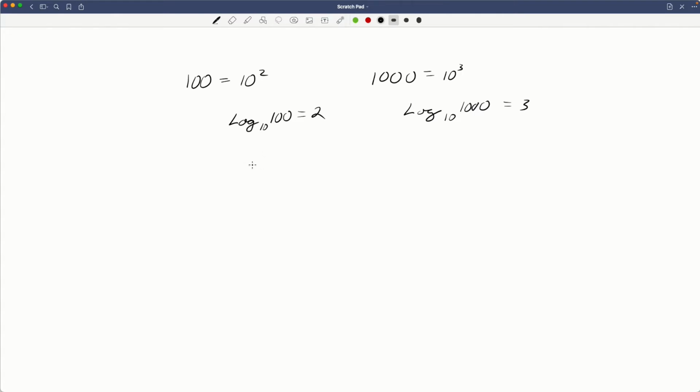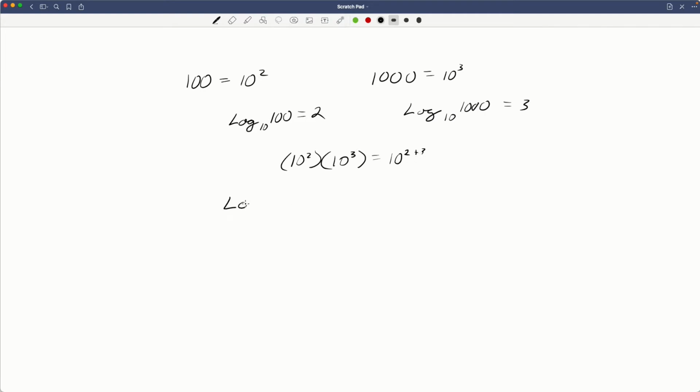Because we know we can do this with our exponents, we have 10 squared times 10 cubed, we can get 10 to the 5th, because we're just adding these exponents together. We're getting 10 to the 2 plus 3 as an exponent. We can do that with logarithms as well.